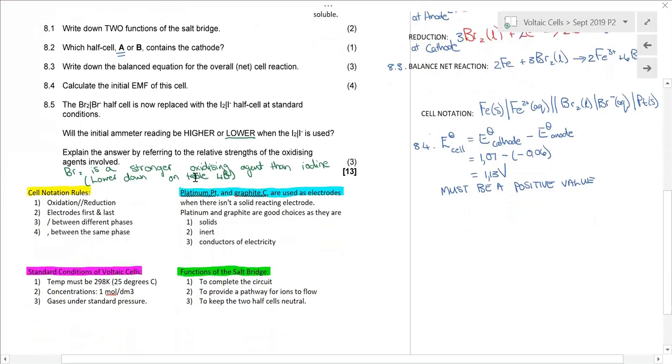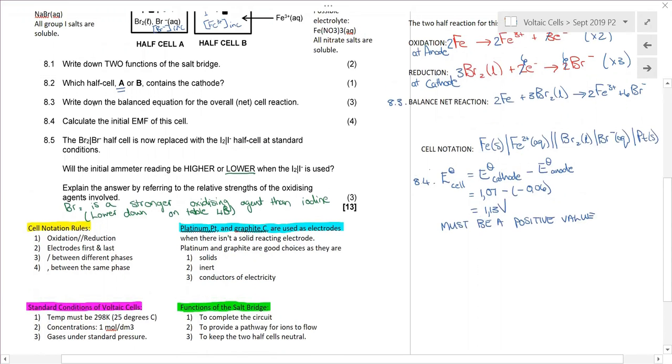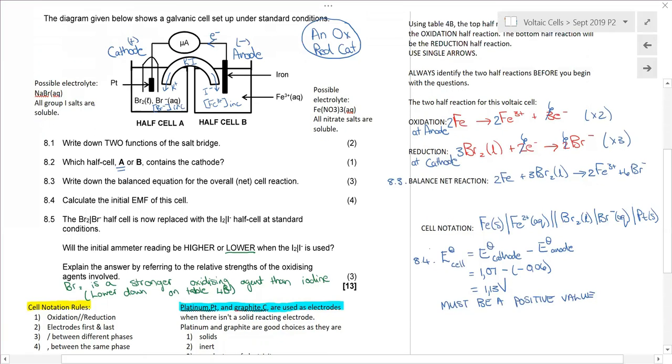Then the last question we need to look at is 8.5. The bromine bromide half cell is now replaced with the iodine iodide half cell at standard conditions. Will the initial ammeter reading be higher or lower when the iodine iodide half cell is used?